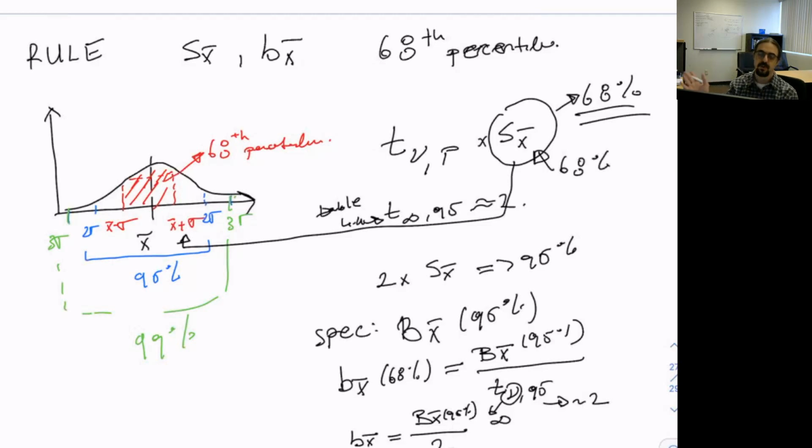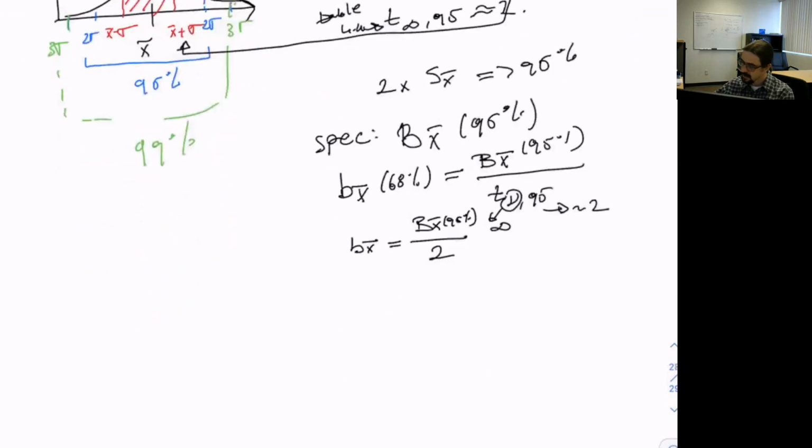So you just calculate your random uncertainty and convert your systematic error to the 68th percentile, because there are no guarantees that the systematic error is given at 95. It could be given at 68 or at 99. So you just want to make sure that everything is at the 68th percentile before you start doing anything with it.